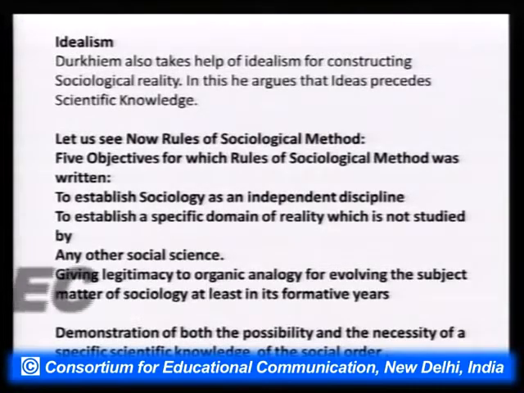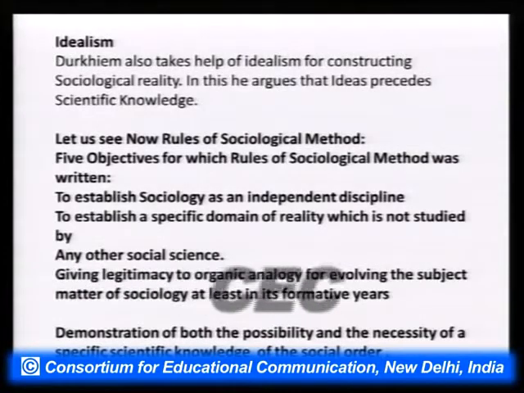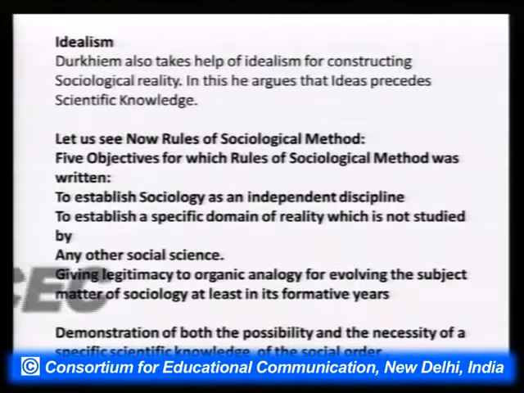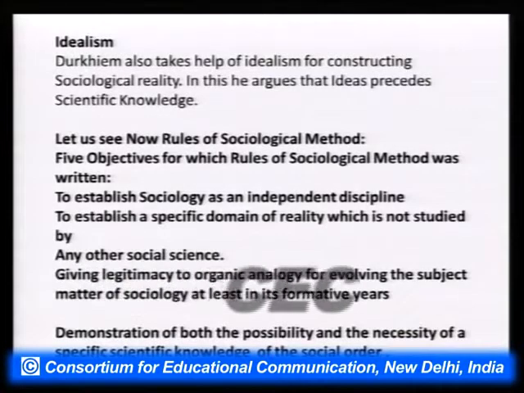The second aim was to establish a specific domain of reality which is not studied by any other subject. It is only sociology which can study these elements. The third element is giving legitimacy to organic analogy.